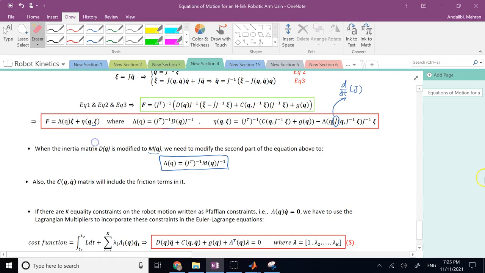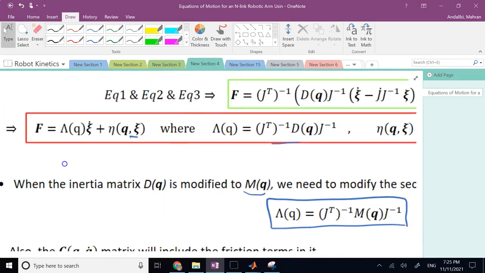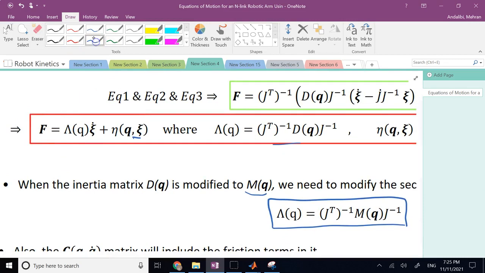That's all you need to add. So instead of F being lambda xi dot plus eta of q and xi, you also need to add one extra term to it, and that is F of tip. That's all you need to do. If you add that F of tip, then that will include it and you're good to go.